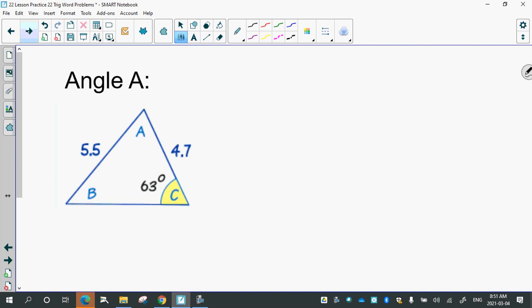Right, I think that might be angle A. Two sides of the contained angle.